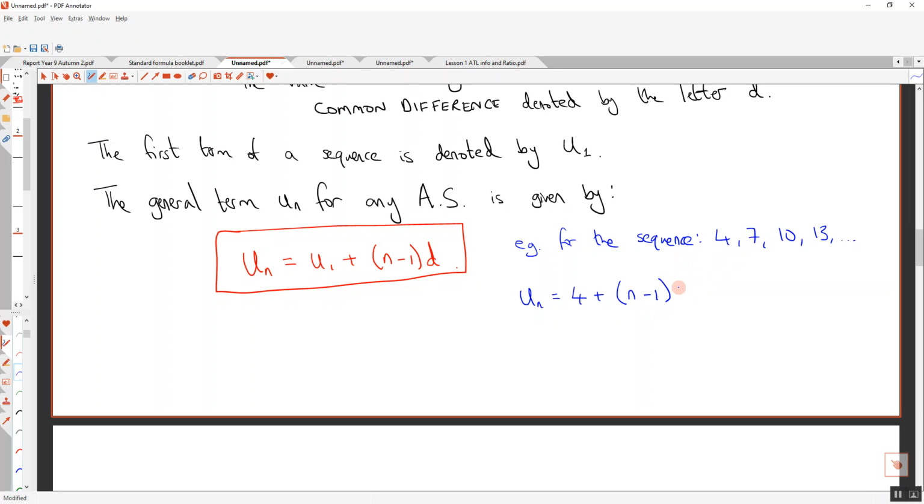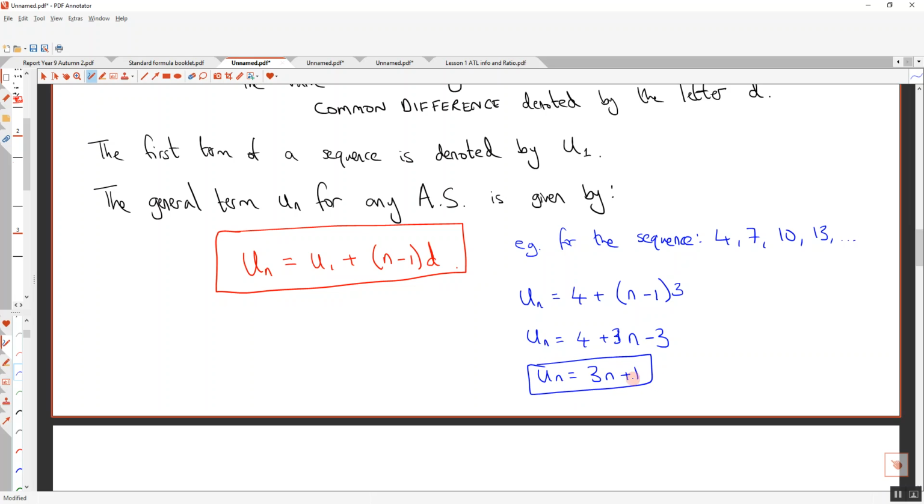What's the common difference? 3. And then if I simplify this, how do I simplify it? 4 plus 3n minus 3. Yeah, 3n. 4 take away 3 is 1, which is exactly what Ashton said.